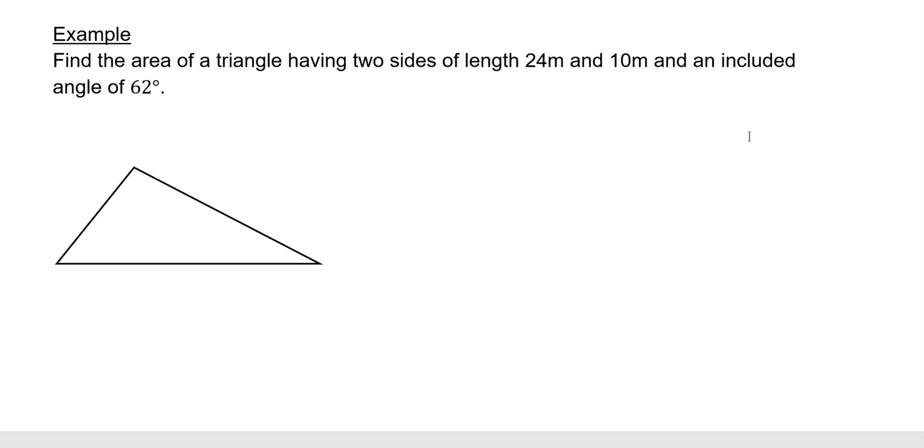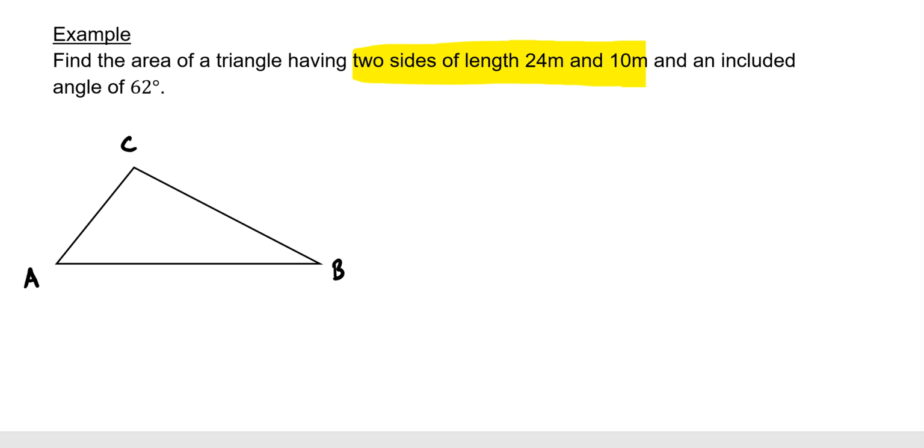We have: find the area of a triangle having 2 sides, length 24 meters, 10 meters, and an included angle of 62 degrees. So we can go ahead and fill this in. We have angle A, B, and C. So this is 62 degrees between.